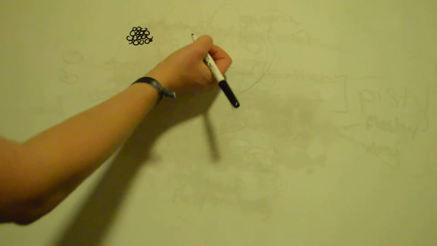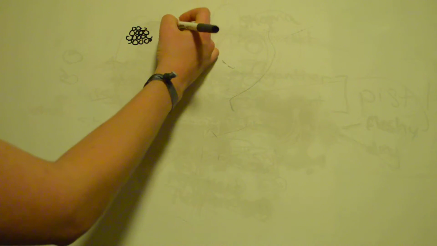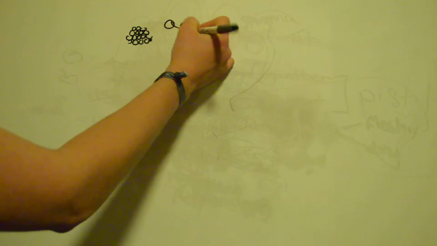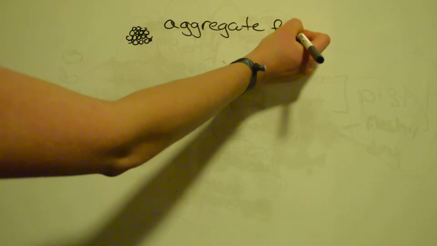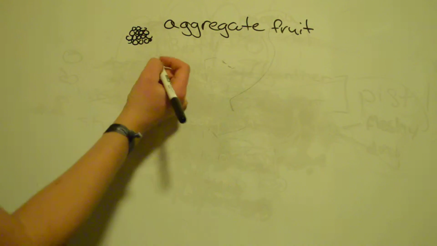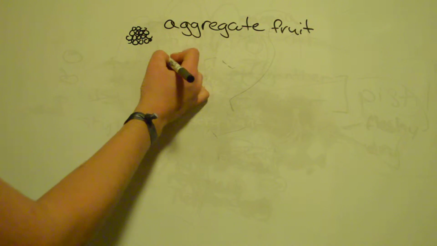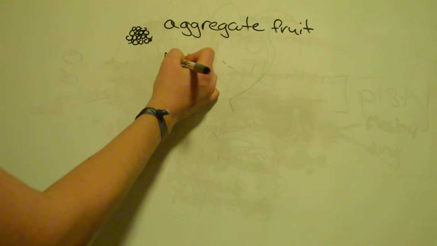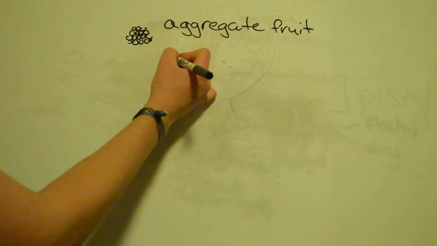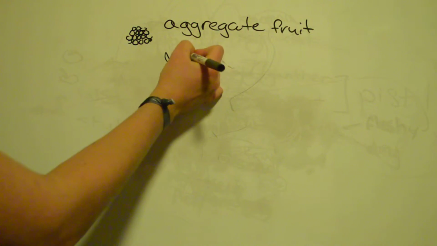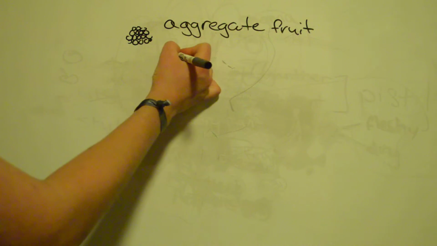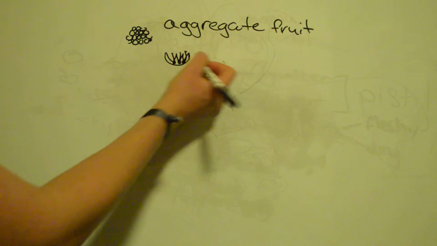There's actually two different ways that you can have this happen. So you can have what's called an aggregate fruit, and that is going to be when you have, it's one flower, right? Here's my spiky flower, and it has a whole bunch of those different ovules with their little stigma and style attached, and their little petiole, as we call it.